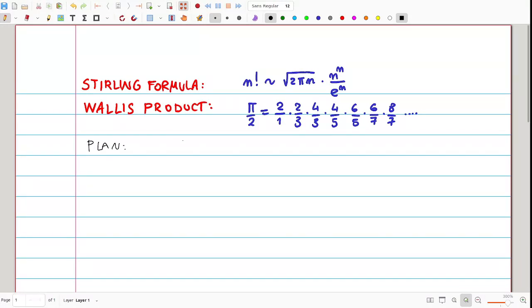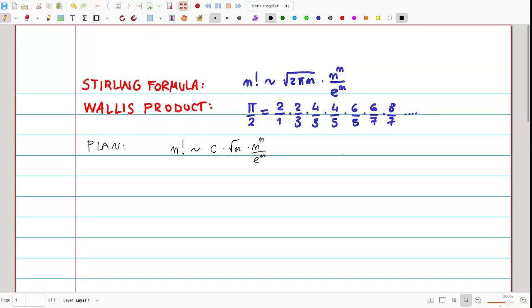So the plan is first to prove Stirling's formula up to a constant. We are going to prove that n factorial is asymptotic to some constant c times square root of n times n to the power n divided by e to the n.